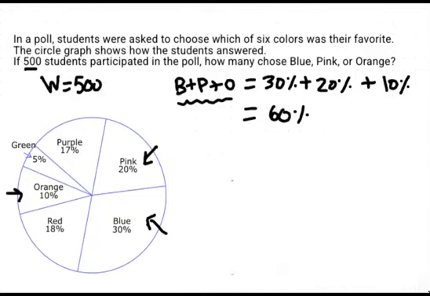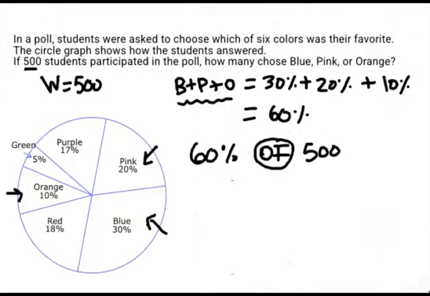A wonderful trick is the word "of". So if we're looking at 60% of 500 students, this wonderful word here, "of", means multiply. Now the trick when you do this, you turn the 60% to a decimal, divide by 100, so 0.6. Of is multiply, 500. Okay, so 0.6 times 500.